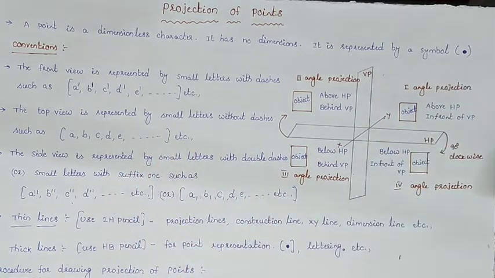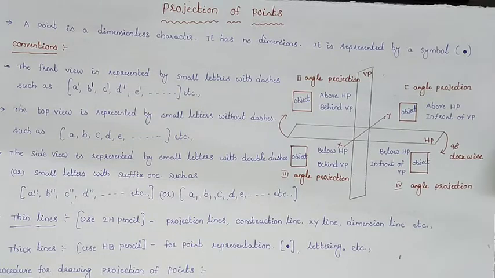Coming to the conventions, that means how we will draw the front view, top view and side view in case of points. The front view is represented by small letters in case of points, and also in lines, plane surfaces and solid surfaces. We always represent the front view with small letters with dashes: a dash, b dash, c dash, d dash, and so on.